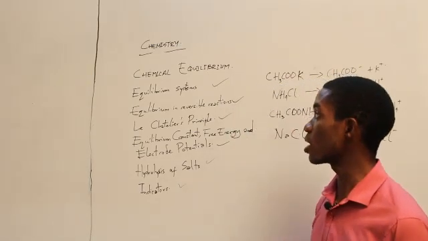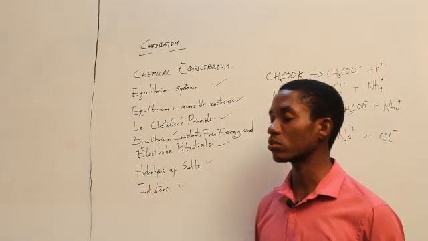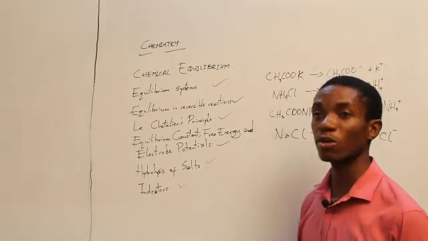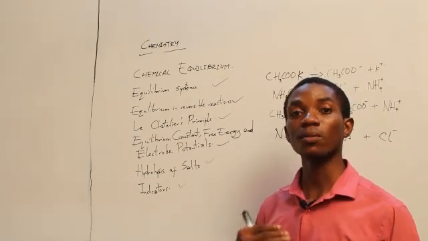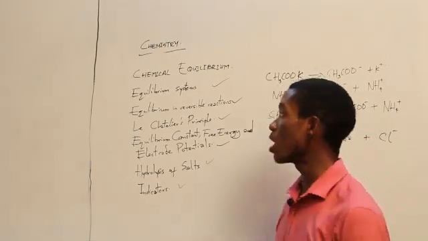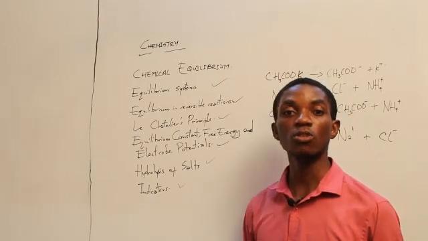Okay, in this particular lesson, we looked at chemical equilibrium, and we talked about equilibrium systems. We talked about a system that is a seesaw. We talked about the open system and the closed system, and we said equilibrium is usually found in the closed system.